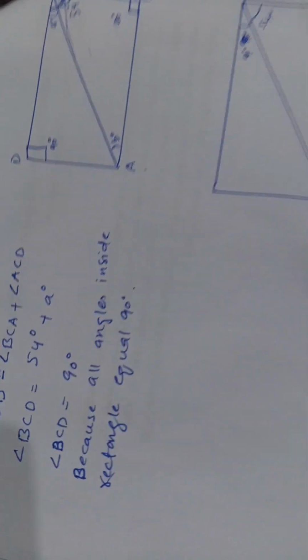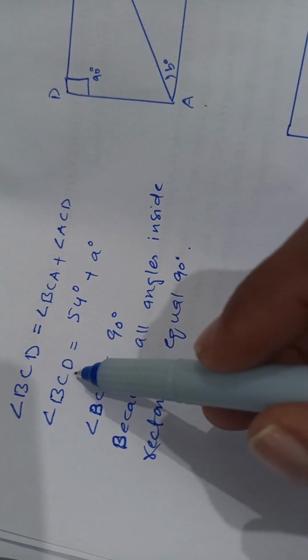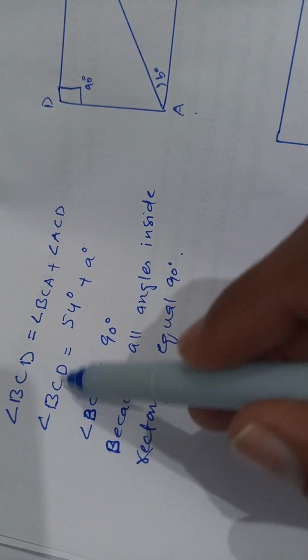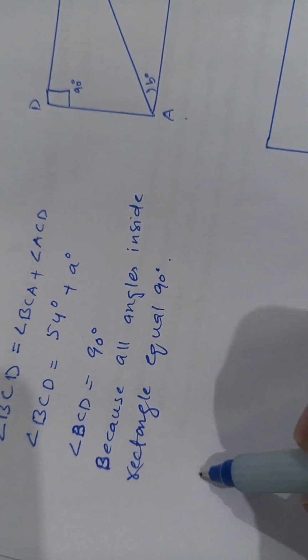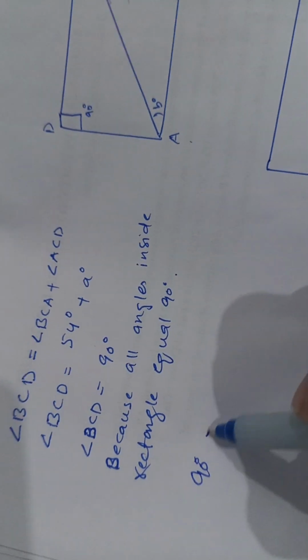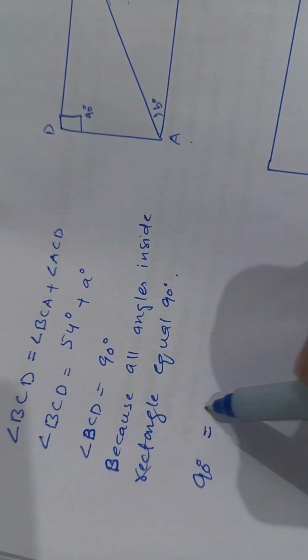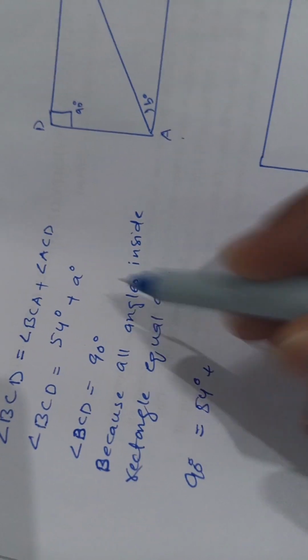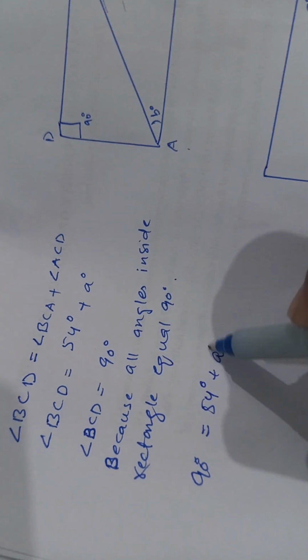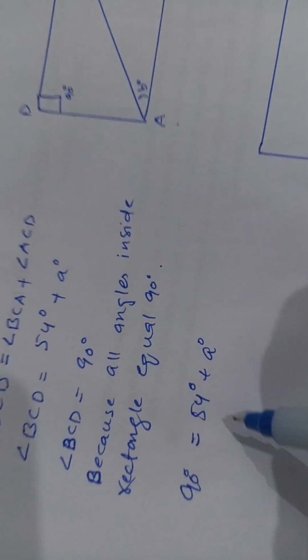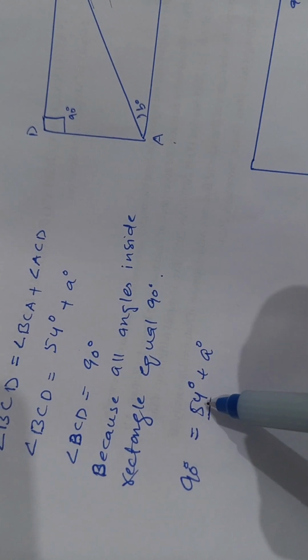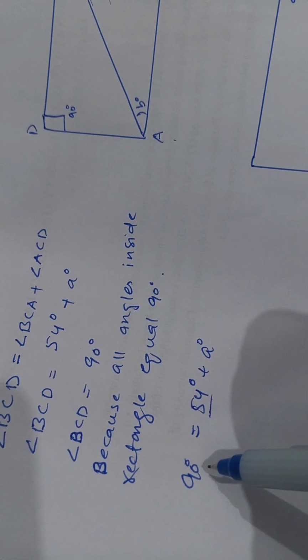Now we'll put the value of this angle, 90 degrees, in this equation and then solve it. So I'll write 90 degrees instead of angle BCD, equals 54 degrees plus A degrees. Now 54 is in positive terms here, so we'll move this 54 to the other side of the equation.